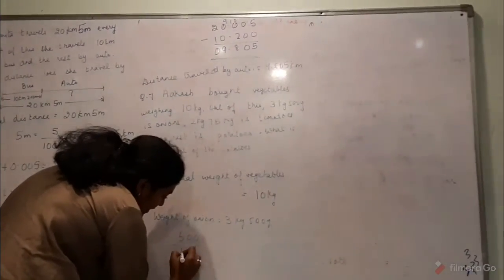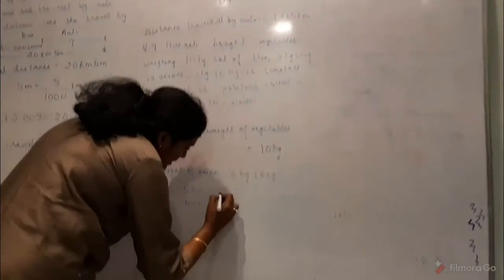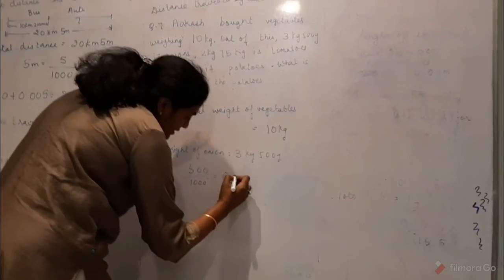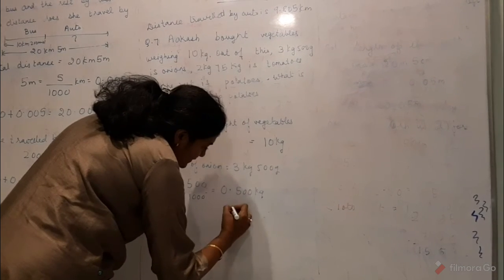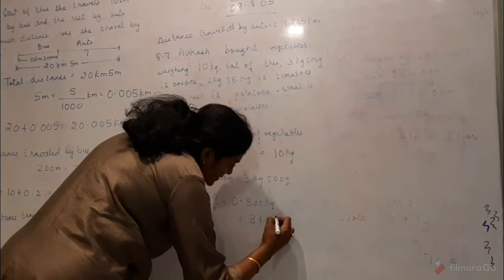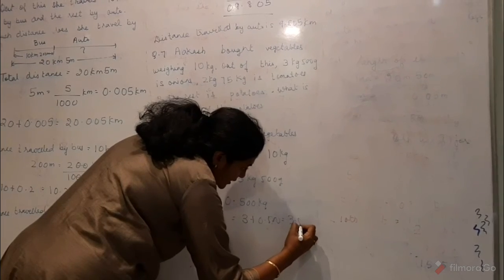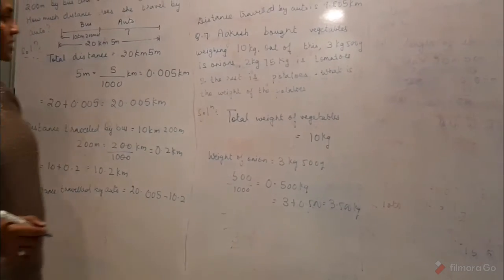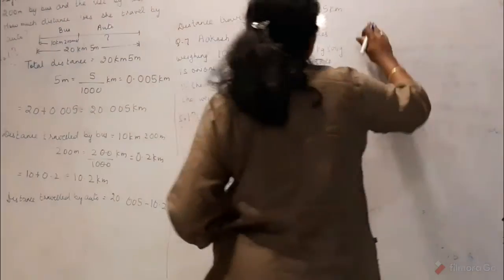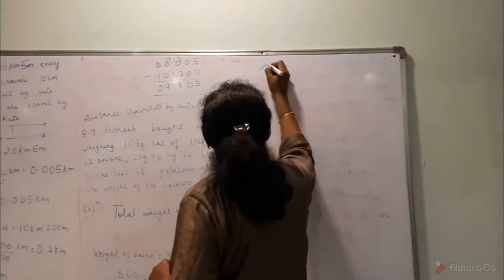So that is 500 by 1000 is, up to 3 digits, 0.500 kg, that is 3 plus 0.500 is 3.500 kg.